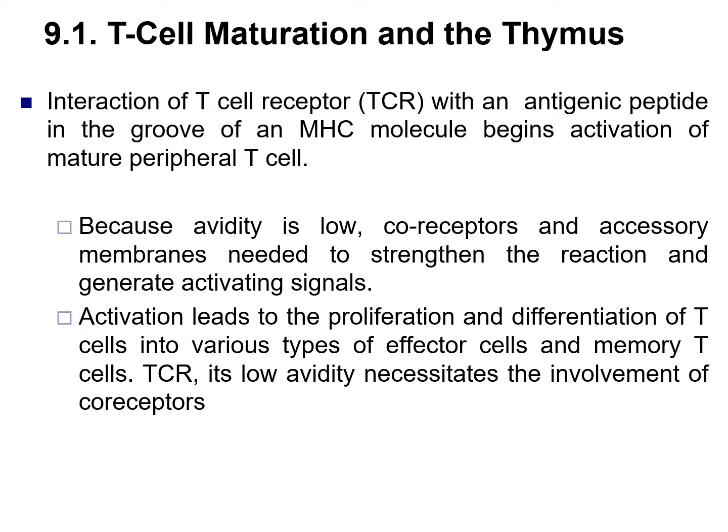The problem is there is low avidity, and therefore there is a need for coreceptors and accessory membrane molecules in order to strengthen the bond between the T cell receptor and the MHC molecule. This activation usually leads to the proliferation and differentiation of T cells into different types of T cells.